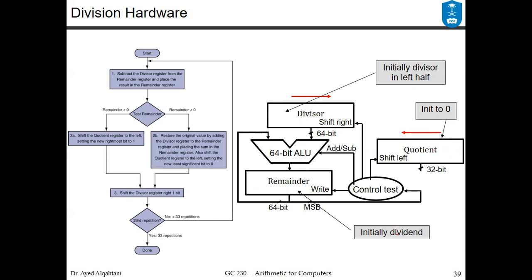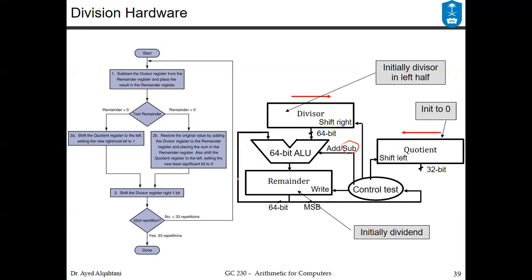Initially, you put the dividend bits here, which is supposed to be 64 bits. So to do this, you start at the beginning. You subtract the divisor register from the remainder register and place the result in the remainder register. So notice what you do here. At the beginning, you subtract the divisor from the remainder.